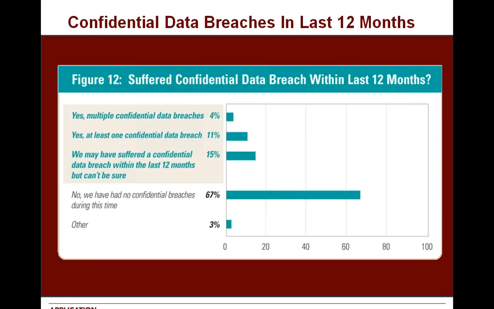They're not sure, but wrap these figures together, and you get about 30% who either know or feel that there have been incidents taking place within their company. 15% are absolutely sure of this fact. So it's fairly pervasive at this point.